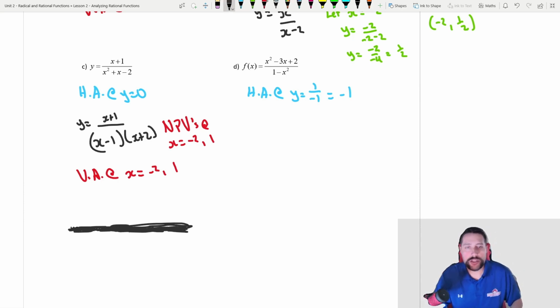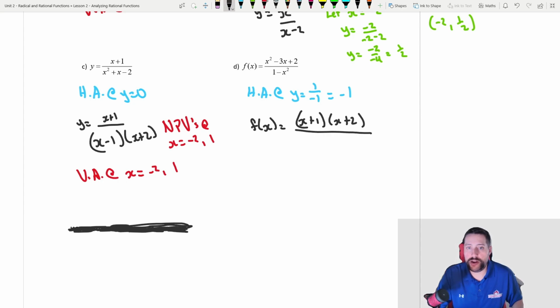So what we'll do now is factor. If we factor out the negative in the denominator, we can factor it a little bit better. So we have f of x is equal to x minus 1, x minus 2 in the numerator, all divided by negative, x plus 1, x minus 1.